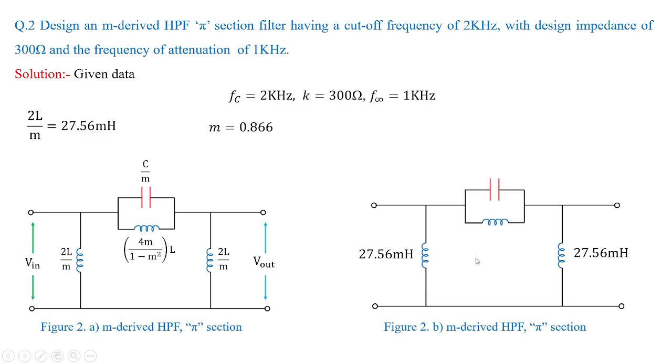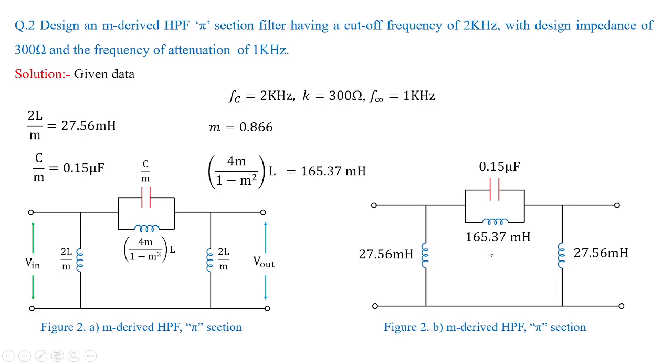So I'm replacing the legs with 27.56 millihenries on either side. Then we have the C by M value as 0.15 microfarads, so it is replaced by 0.15 microfarad like this. And the combination of 4M by 1 minus M square L, which is obtained to be 165.37 millihenries, is replaced over here.